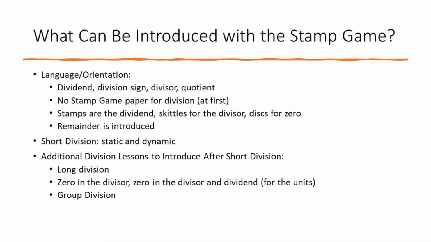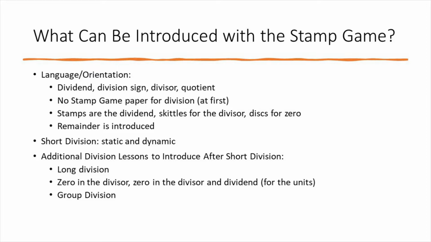And that is what they're doing during the stamp game. Now, as I've stated before, the stamp game is the place where we give a lot of language for the operation. So we orient them to the division with the stamp game with our language and then showing them how to write it.